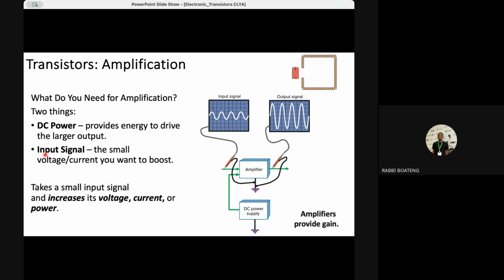Yes, sir, but this one needs AC, right? Yes. So I think the main difference is the input signal. But all of them require power to operate. Yes, all of them require power.